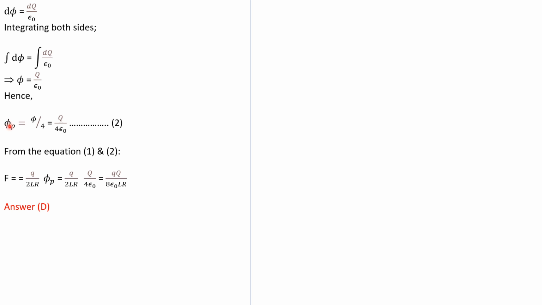We have already established that phi p is equal to phi by 4, so this will be equal to Q by 4 epsilon naught. So from equations 1 and 2, we get the force equal to q into Q divided by 8 epsilon naught L into R. So the answer will be D from the options, because D has the same value as this.